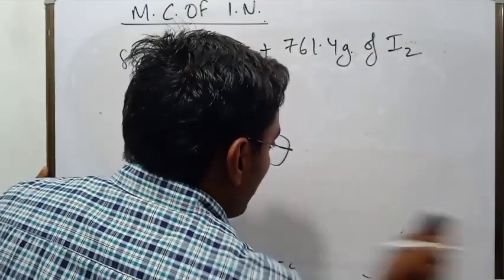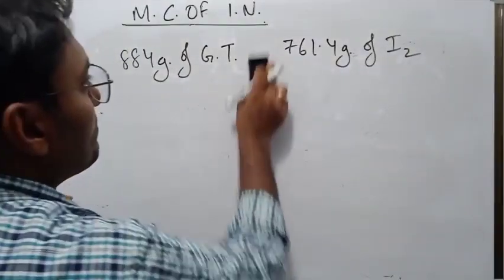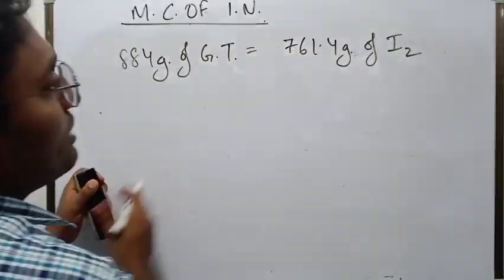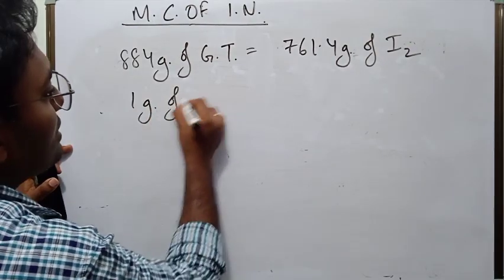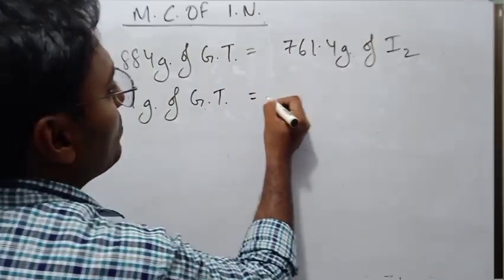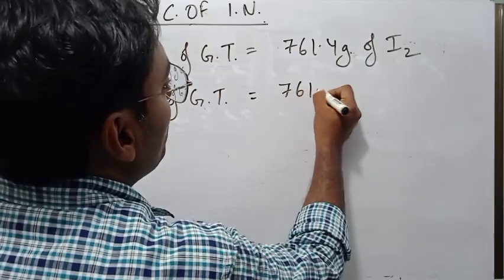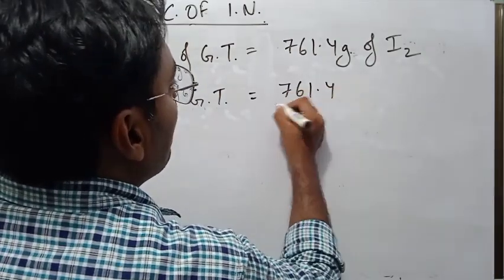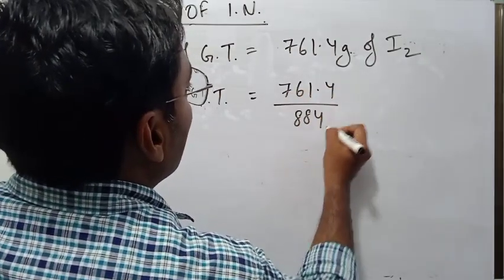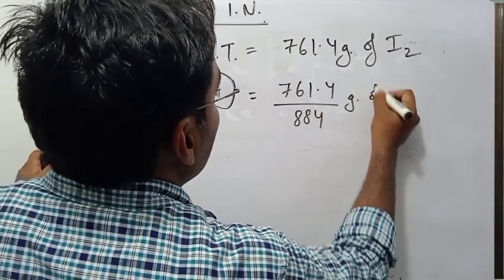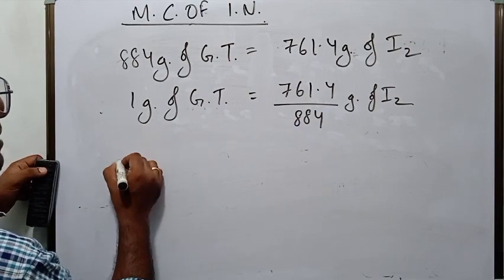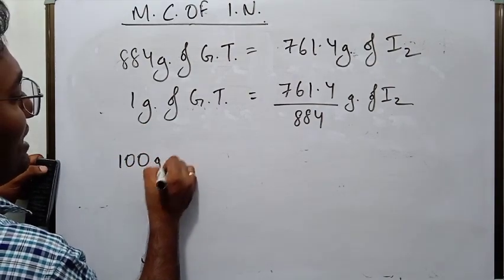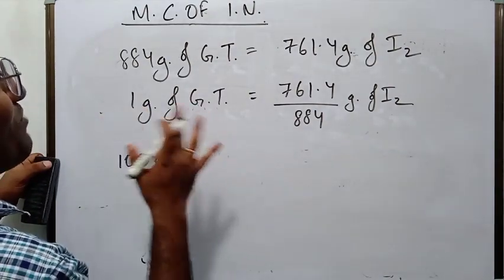Now can you calculate for 1 gram? 1 gram of glyceryl trioleate would require how much? 761.4 divided by 884 gram of iodine. Can you calculate for 100 gram? Because the definition of iodine number is in 100 gram of oil or fat.